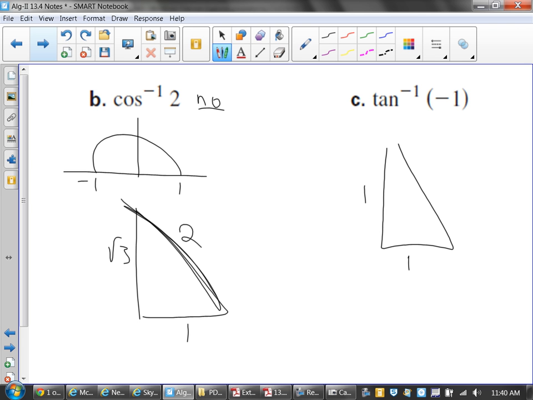I should be looking at quadrant 4 here, because that's giving me a negative value. Now, does everybody agree that the inverse tangent of -1 is negative 45 degrees? What's negative 45 degrees in radians? Negative pi over 4. Very good. So it's negative 45 or negative pi over 4.